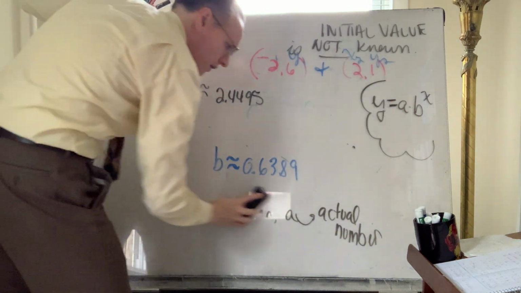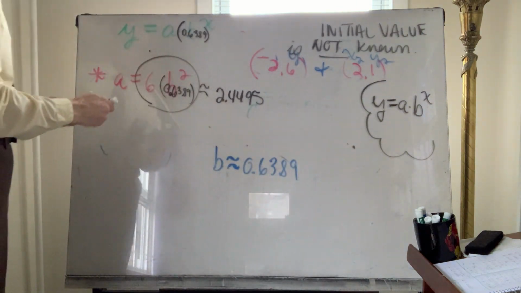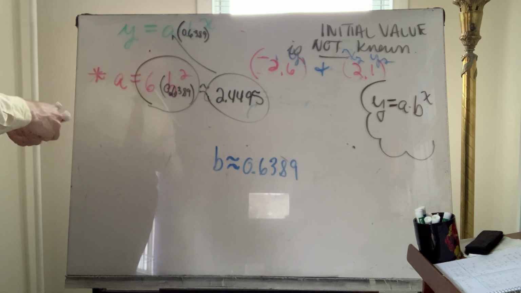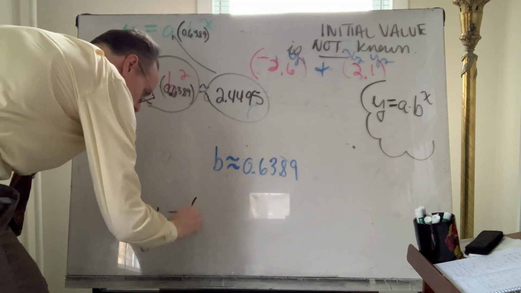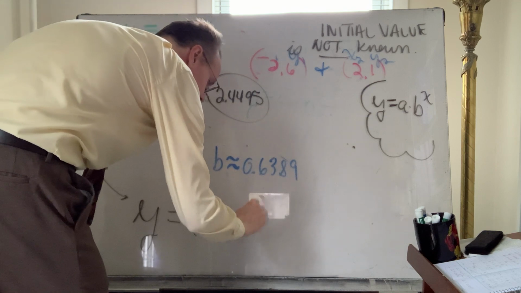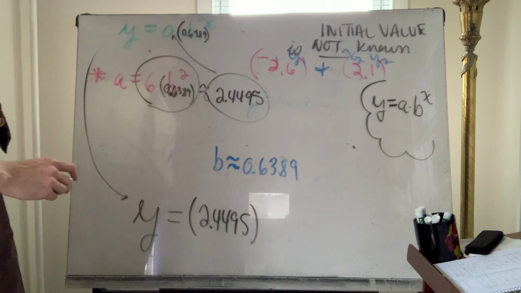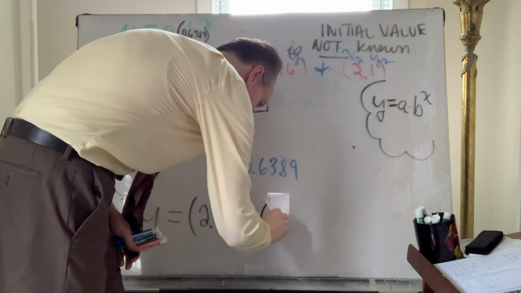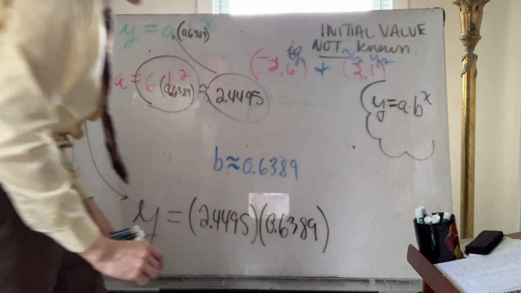So you have a rounded figure for A, you have a rounded figure for B. This would be sitting in here. To write it a little bit nicer, a little bit neater, let me put it down here. Y would be equal to the A value calculated, 2.4495, using the more exact figure that is not rounded for B. And then, just to fill in the void here, 0.6389 for the B value.